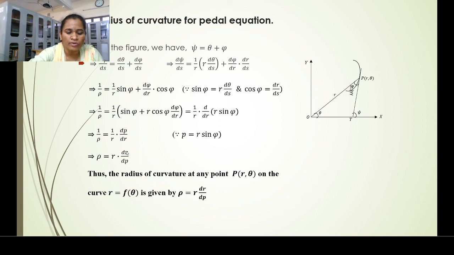Then rho is equal to r dr by dp. Thus the radius of curvature at any point P of r comma theta on the curve r is equal to f of theta is given by rho is equal to r dr by dp.